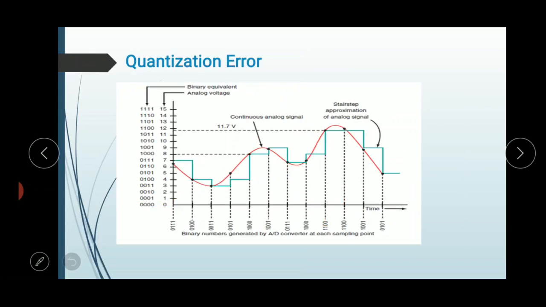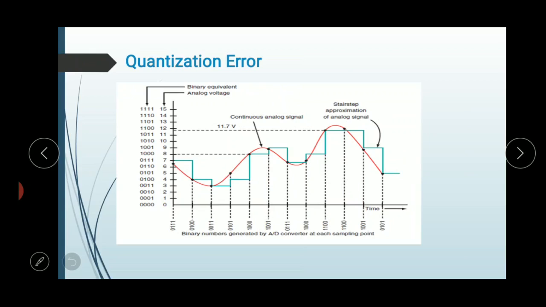Next is the quantization error. For any system, during its functioning, there is always a difference in the values of its input and output. The processing of the system results in an error, which is the difference of those values.